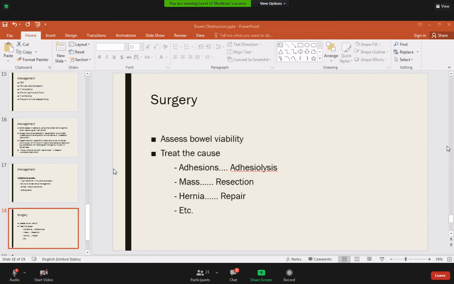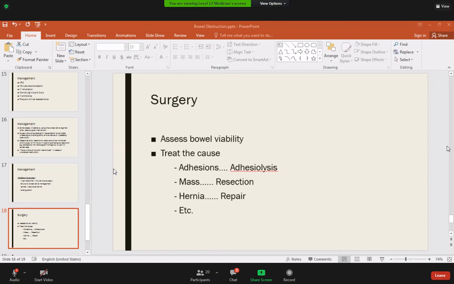But if you see that even after releasing the obstruction, the part of the gut is non-viable, it is black in color, or it is not showing any visible peristaltic activity, you have to resect that specific segment. You have to cut that segment and do anastomosis of the proximal and the distal segment, stitching the mesentery and the gut again.